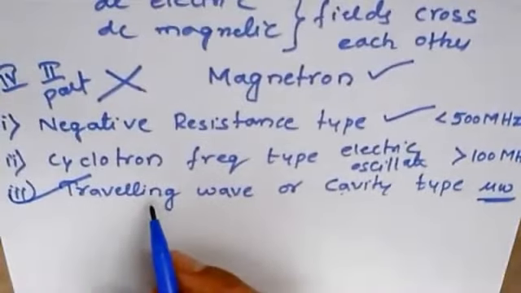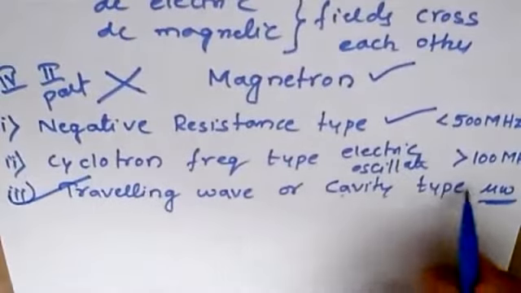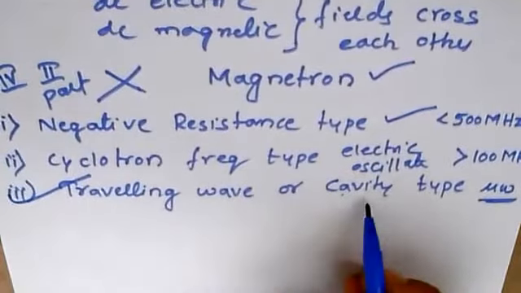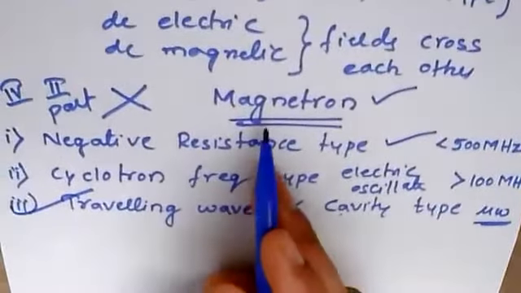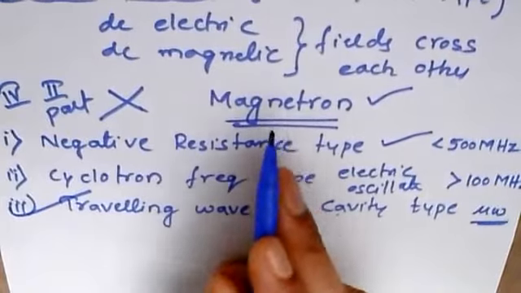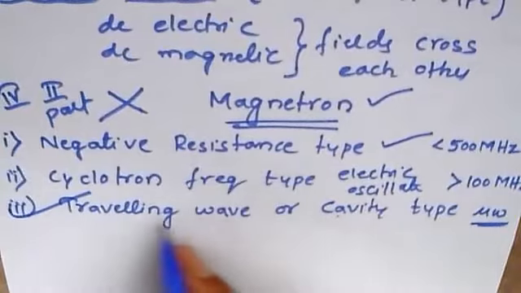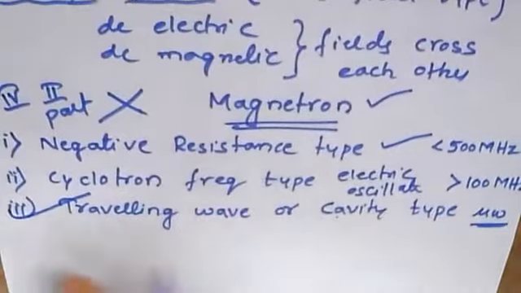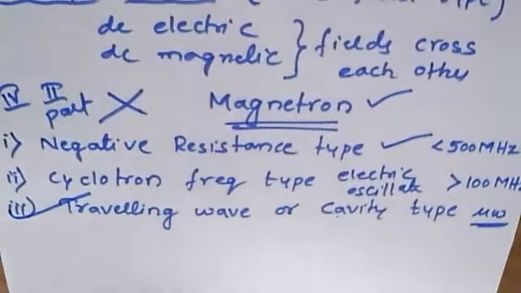The best type of tube which makes use of traveling wave or cavities is the magnetron. The magnetron is an M-type tube which provides electric field and magnetic field that cross each other, the wave travels in it, and it also makes use of cavities. Hence it is called a traveling wave or cavity type of tube.